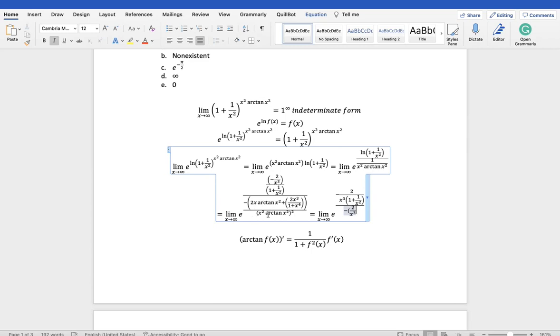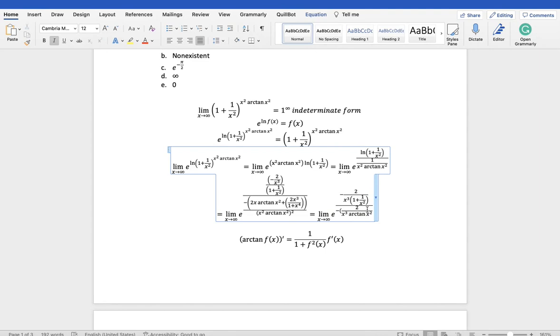When you divide the arctan x squared by arctan x squared all squared, you're just left with an arctan x squared in the denominator.